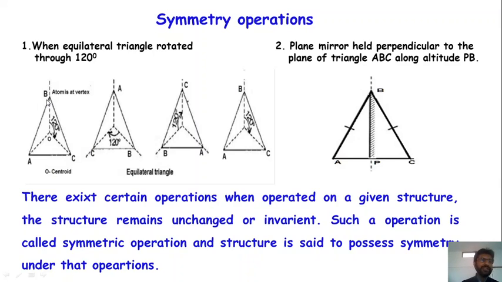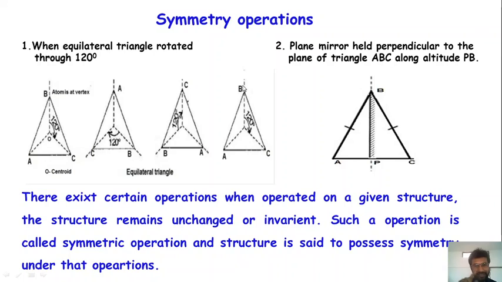Now if we rotate it through 120 degrees, after the first rotation the vertex B takes the position of the vertex C, and after the next 120 degree rotation, the vertex B again takes the position of the vertex A. Again if we rotate it through 120 degrees, then the vertex B comes to its original position.